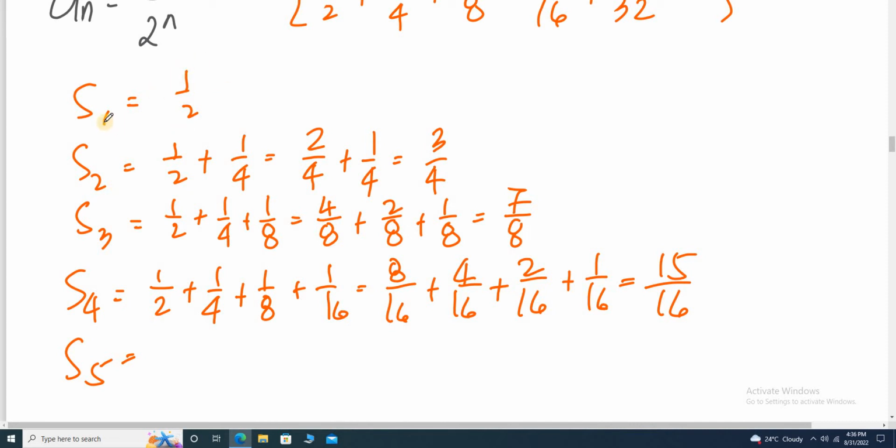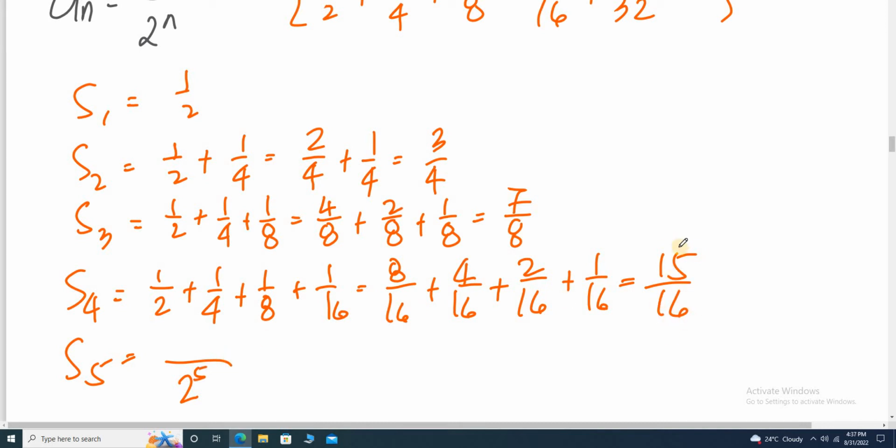So if I go to S5, I can definitely see the pattern here, the relationship of the subscript and the sum. If the subscript is 1, the denominator is 2 and the numerator is 1. If the subscript is 2, the denominator is 4, numerator is 3. Subscript is 3, denominator is 8, numerator is 7. Subscript is 4, denominator is 16. So I'm showing a pattern that the denominator has a base of 2 raised to the subscript.